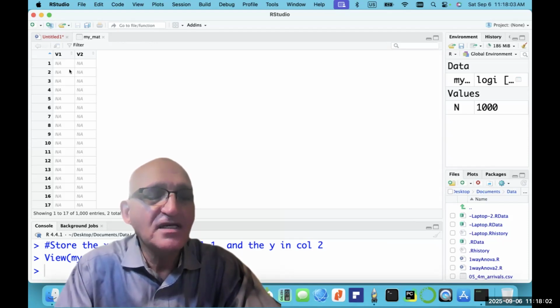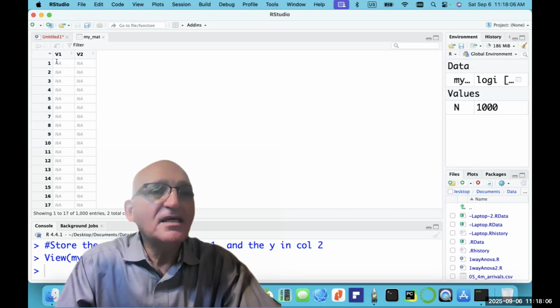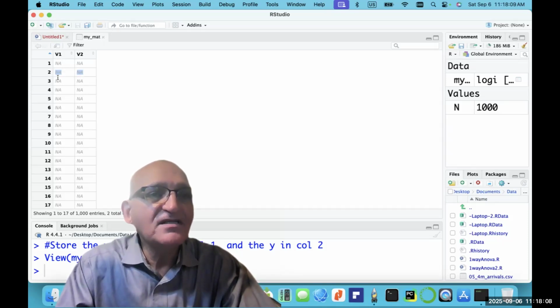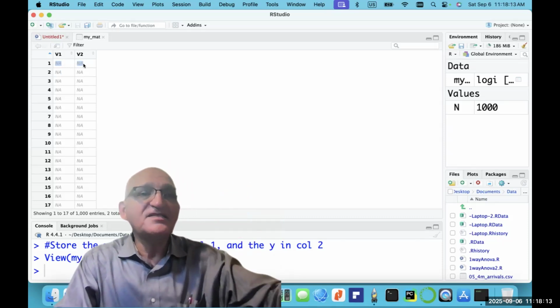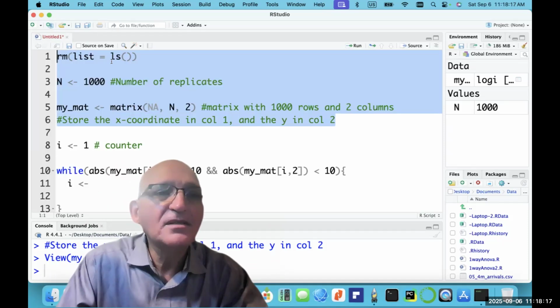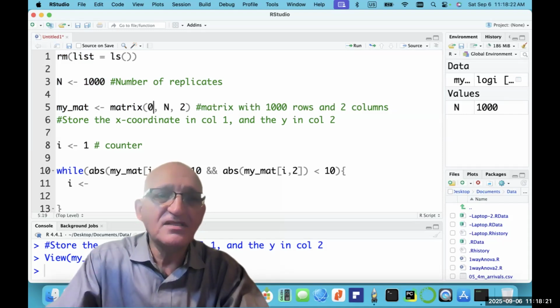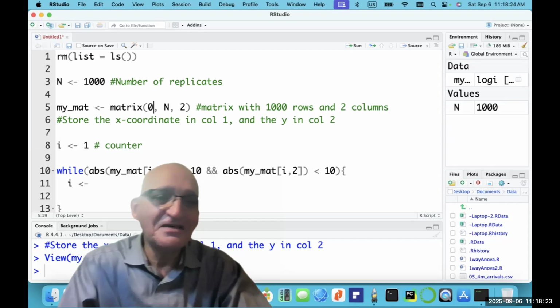Oh, I can't use NA. So let's make it 0. But it will start here, entering the values. So I can say step 0, which is row 1, is 0 and 0, which is the origin. And then I will move one by one. I'm glad I did that because I had in mind to make it zeros, and then I said, let's make it blank, and I didn't think about it.